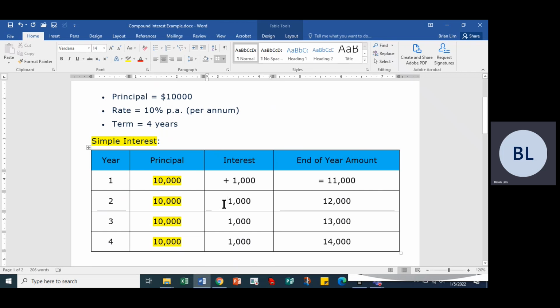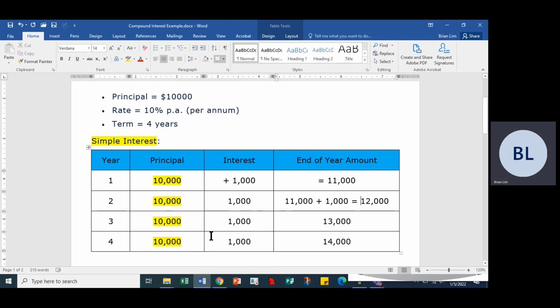So in the second year, the interest will be 10% on $10,000, which will result in $1,000 interest. Now that is added to this amount right here. Okay, so this amount here is indeed 11,000 plus 1,000 for the interest, and that would be equal to 12,000.